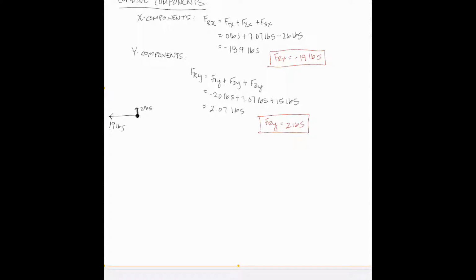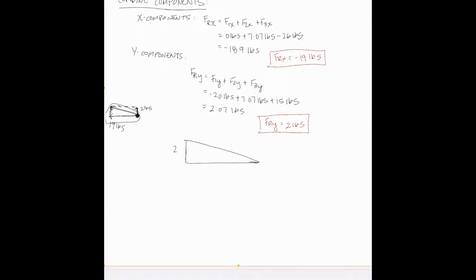So if we draw a box from those components, then we can draw a diagonal through that rectangle and create a hypotenuse to a rectangle. So if we blow this up right here, we get something that looks like that.